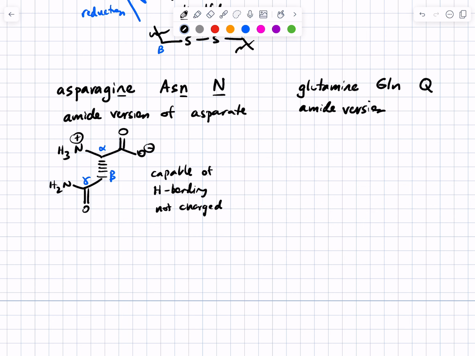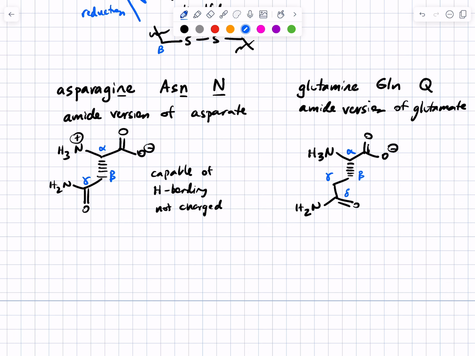Again, glutamine is the amide version of glutamate, and it will look exactly the same as glutamate, only the carboxylate will be replaced by an amide. Glutamine is like glutamate, 1 carbon longer than asparagine and aspartate.